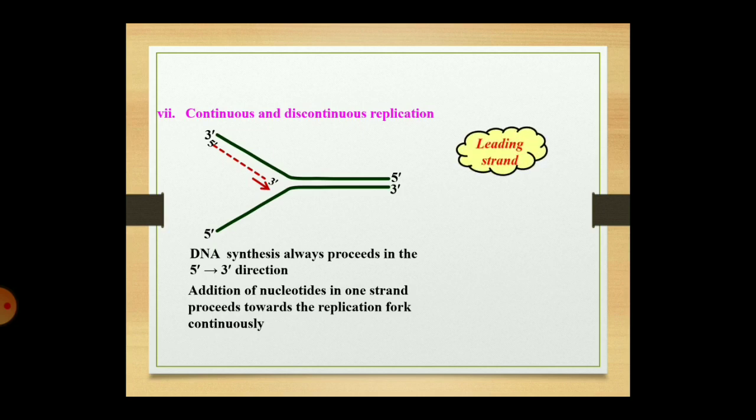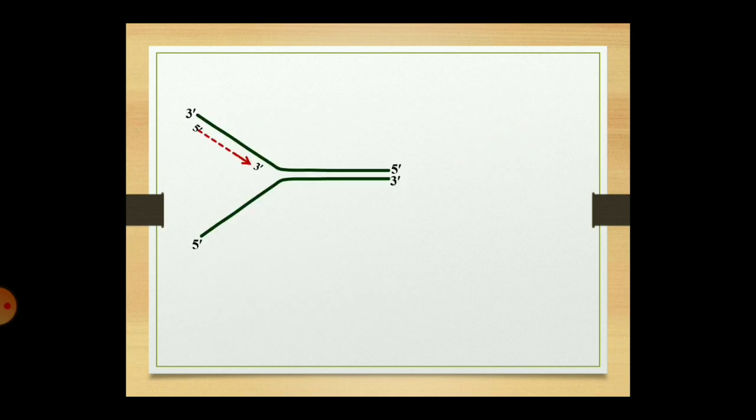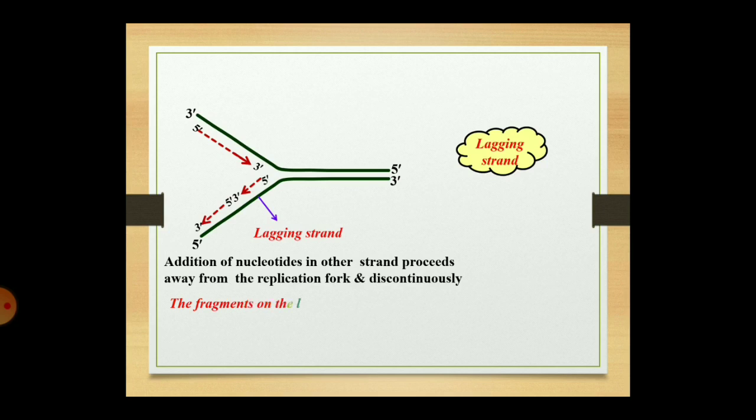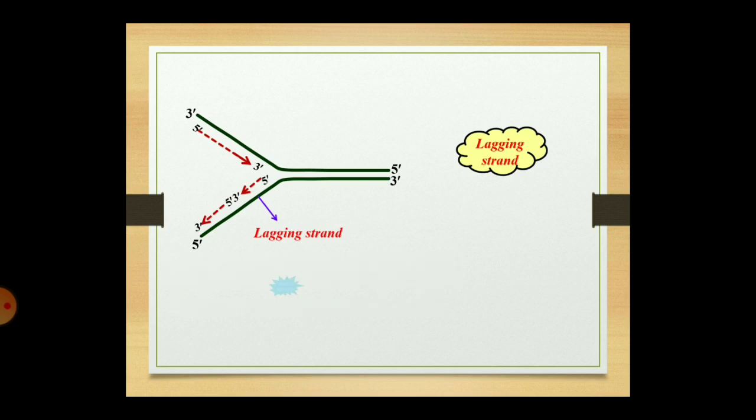Then in the opposite strand, the replication process again takes place in the 5 prime to 3 prime direction. Here the addition of nucleotides is not continuous, it is discontinuous. Short segments of DNA are formed, and that strand we call the lagging strand, and these fragments of DNA are called Okazaki fragments.